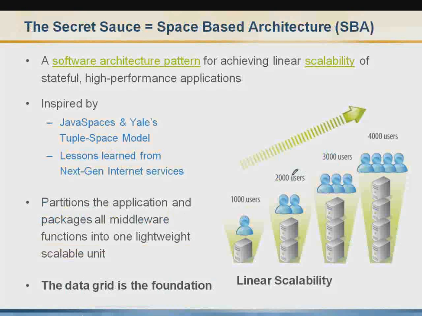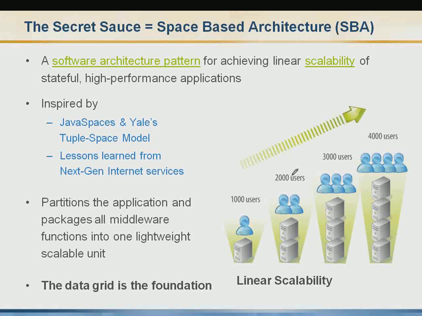Moving forward a bit, the whole model here is based on what we call space-based architecture. Basically, the idea is collapsing the tiers and condensing them into self-sufficient processing units. This is inspired by JavaSpaces and other models, and also field-proven experience that we have gained over the years.